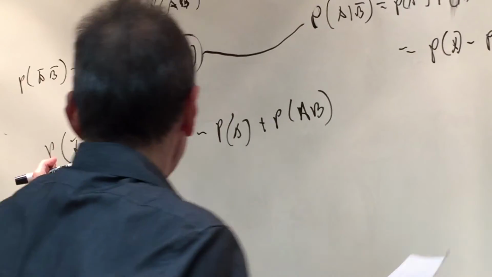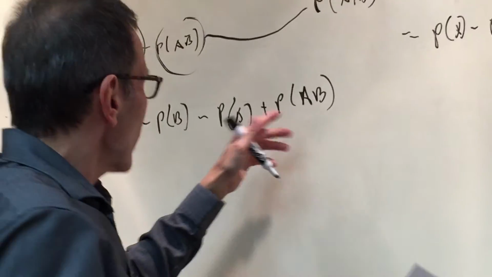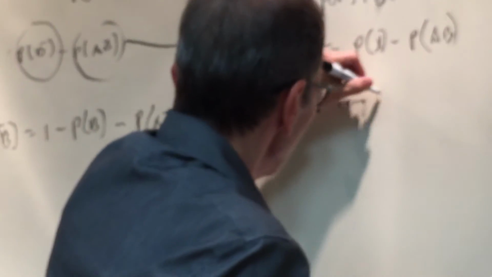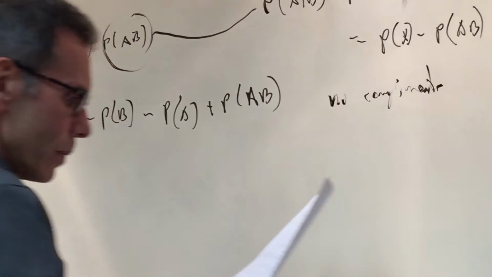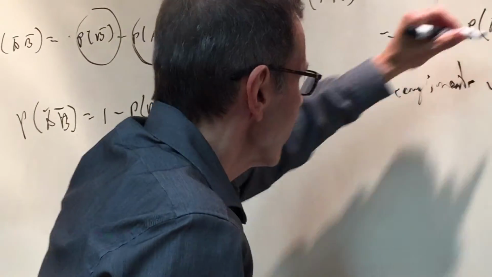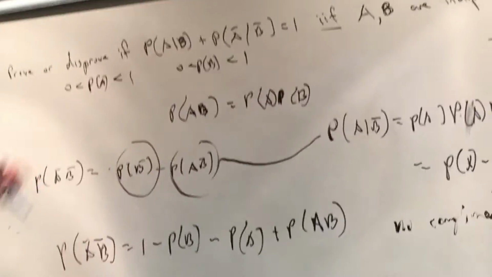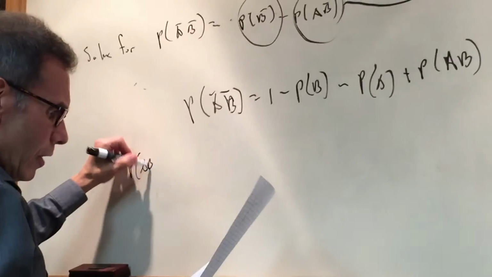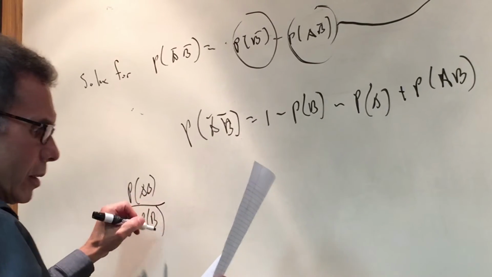Now, we have this in terms of no complements, no bars, and that's good. We achieved that, that's what we want to achieve. So from here, we're going to go back to the master equation up there and put that in terms of our conditional ratios. So we have probability of AB over probability of B. That one's fine.